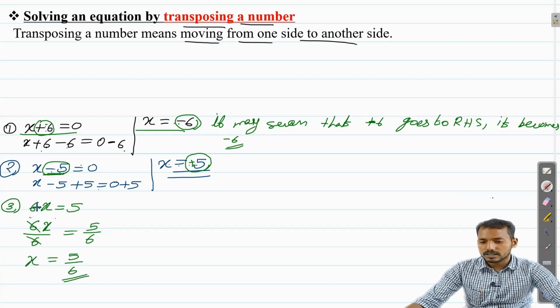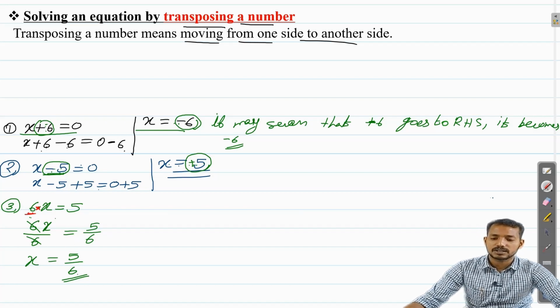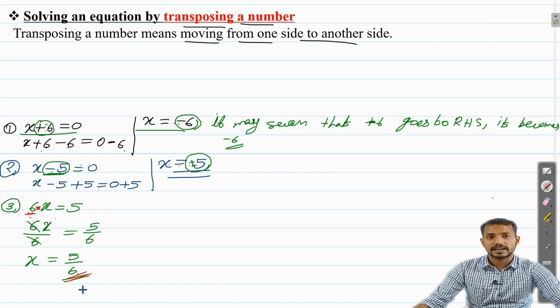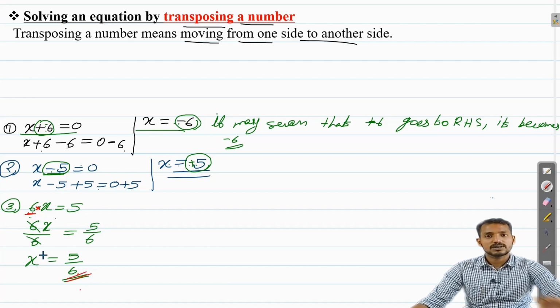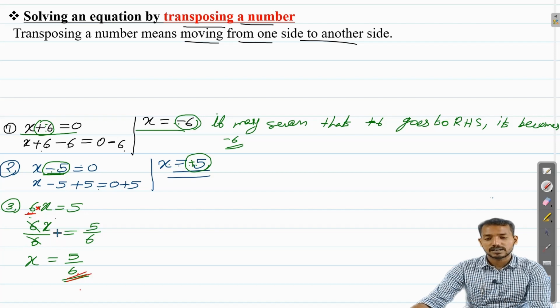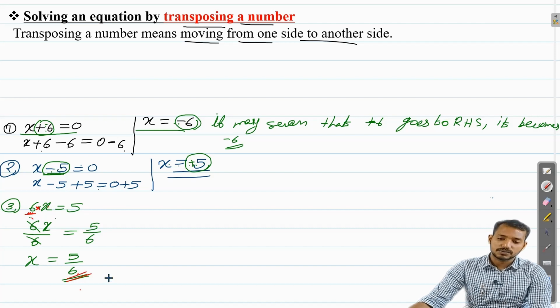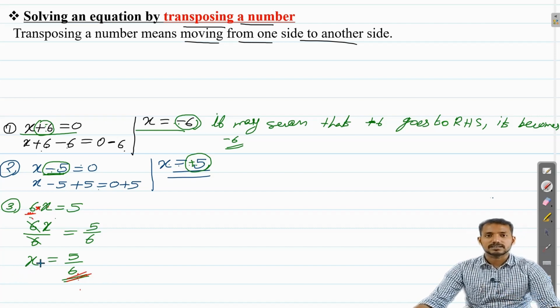See here, this 6 was multiplied to the x, but when it is shifted from the left side to the right side, it becomes divided by 6. It seems like that. Actually, we did not shift this 6, but it seems like that.